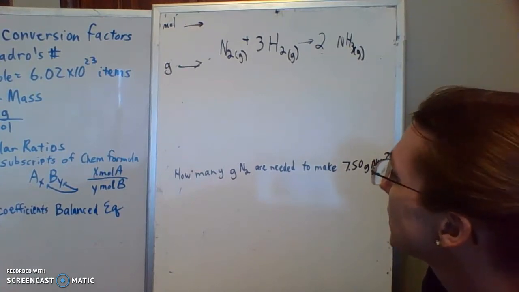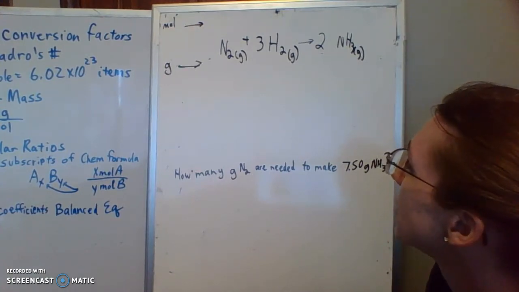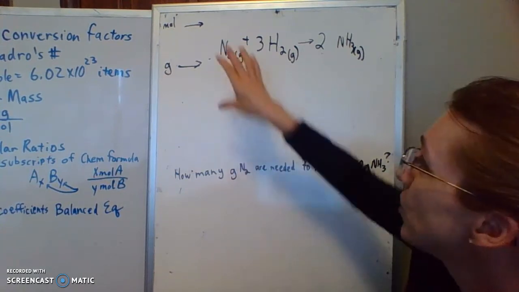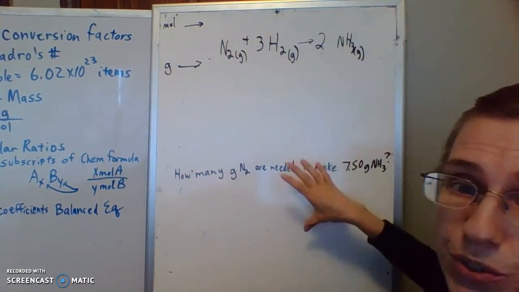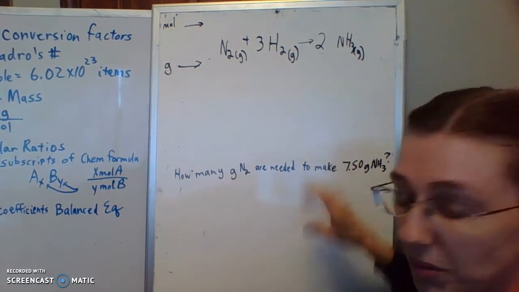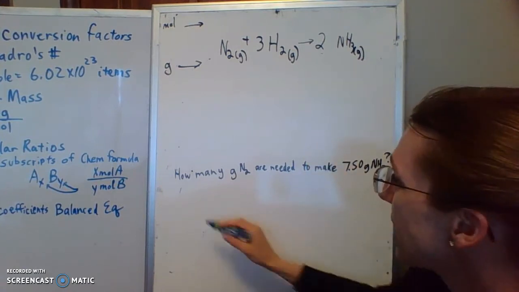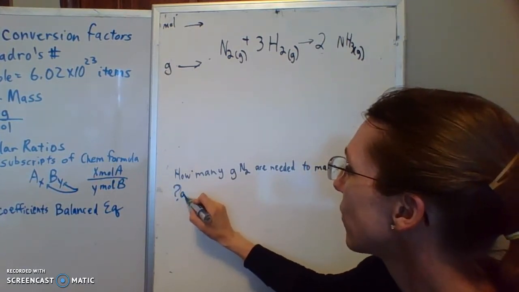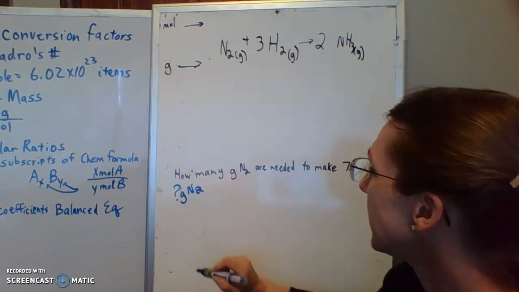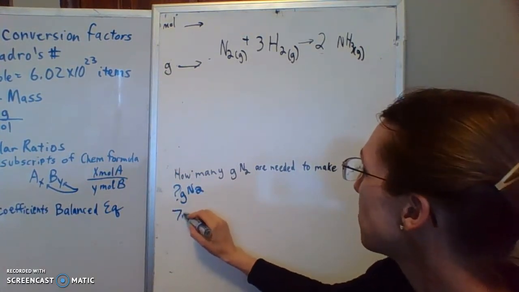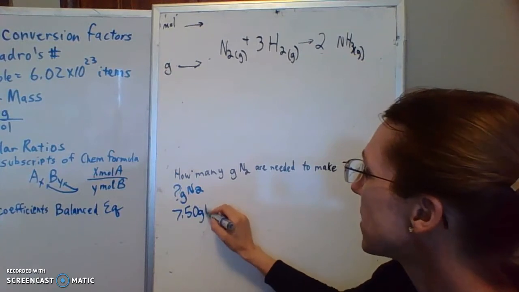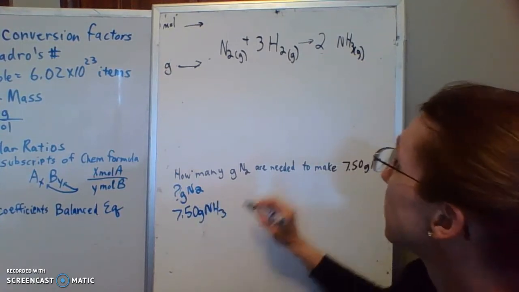Now let's go ahead and look at an example on how we can use this type of setup to actually solve a problem. So in this problem, it asks us for how many grams of N2 are needed to make 7.50 grams of NH3.